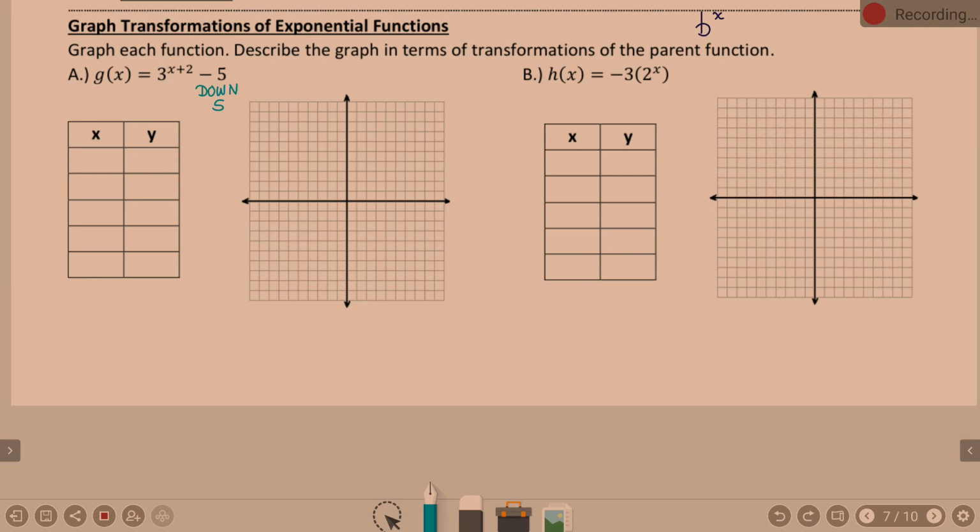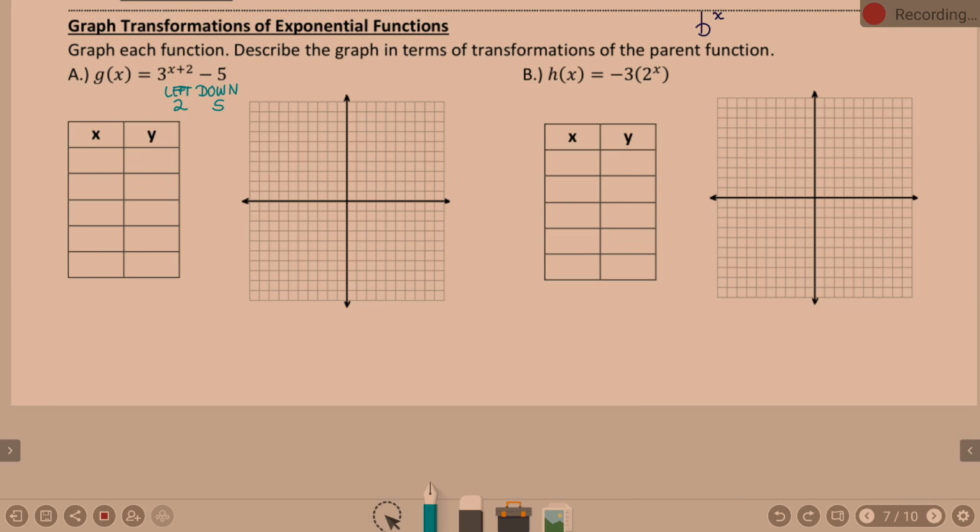What's the plus 2 telling us to do? To go left? It's with the x. And I keep saying this, anytime it's a number added or subtracted directly to the x, it's left or right, opposite the sign. So since it's plus 2, we're going to go left 2. Now, for those of you sitting out there saying, whoa, what about that 3?